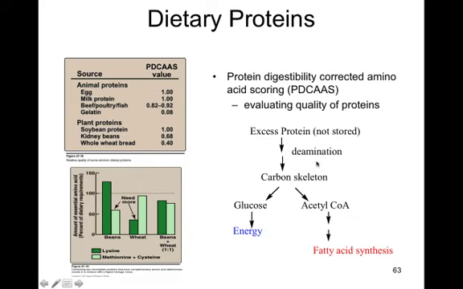The amino acids are deaminated, and the carbon skeleton can be used to make glucose, which can be used as a source of energy, or the carbon skeletons coming from the broken down amino acids of the proteins can be used to make this very important molecule called acetyl coenzyme A. Acetyl coenzyme A is a very important molecule, as you will realize towards the later part of this course when you talk about fatty acid synthesis. So it is a very important precursor to fatty acid synthesis.